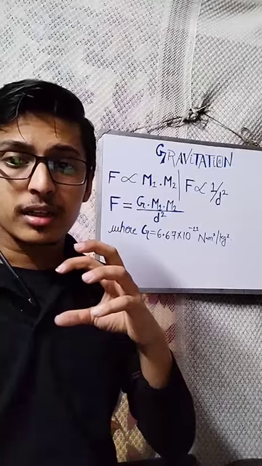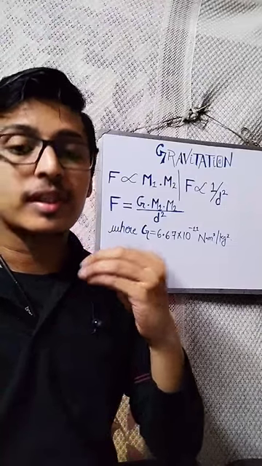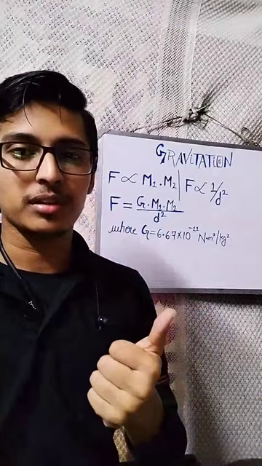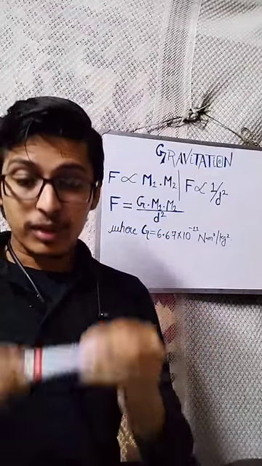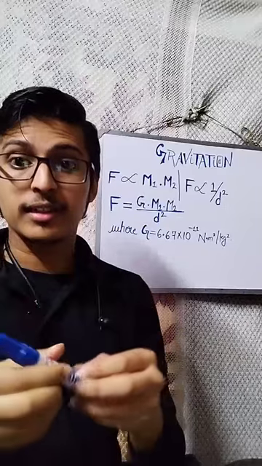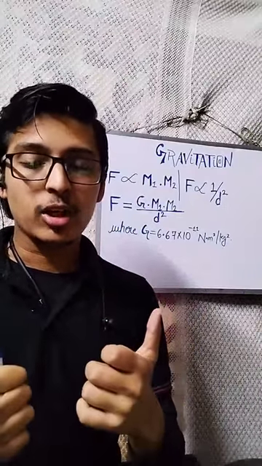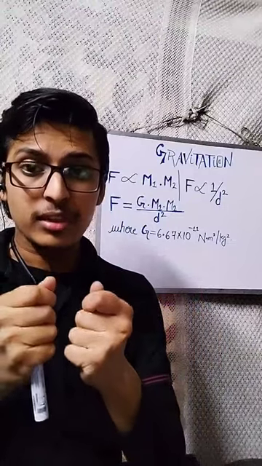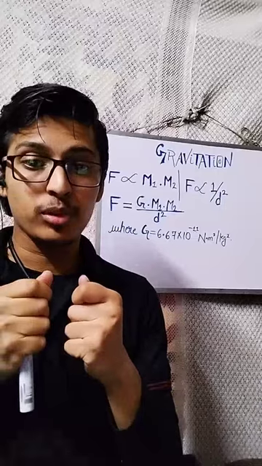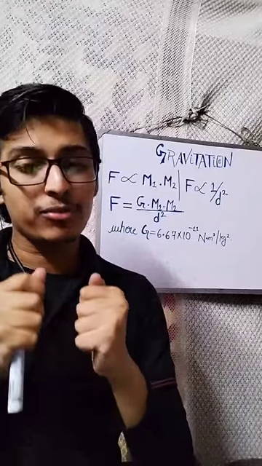It's in the range of a millionth of a Newton, right? So that is why for our daily objects like this marker or us or table, chair, bed, anything, the feeling or the effect of gravitational pull is imperceptible or very minimal.